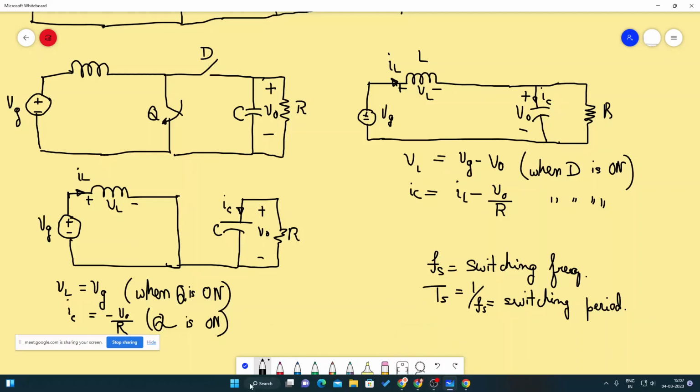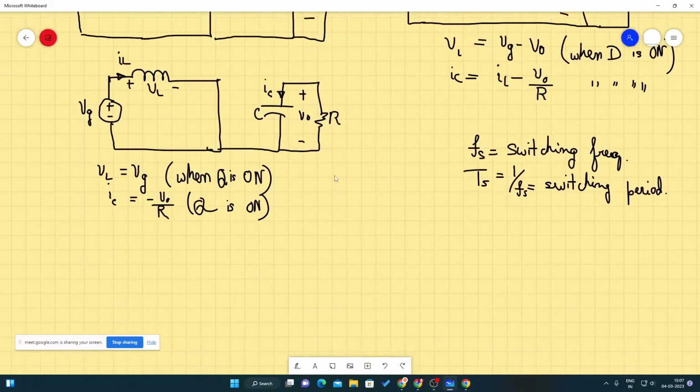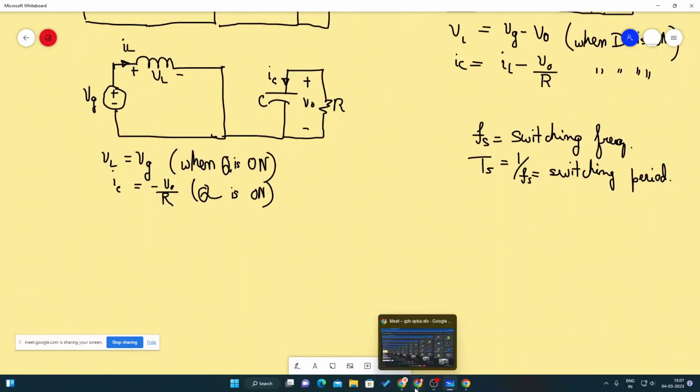Now we will be considering an average of all the variables for this Ts duration, because the waveforms are periodic. The period is given to be the switching period Ts. So we will be considering the average of all the variables for this switching period.